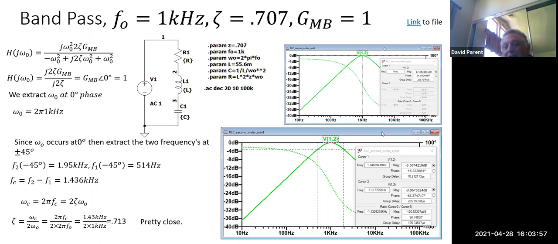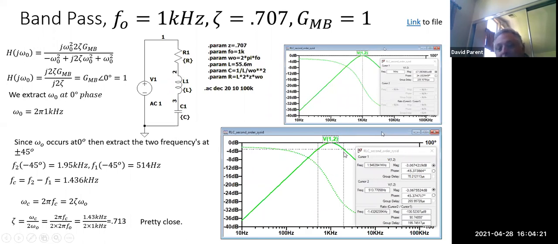So in a band pass filter, if low passes go from 0 to minus 180, and high passes go from 180 to 0, band passes go from 90 to minus 90. And again, I could take an asymptotic line here, they intersect, and it'll give me 1 kilohertz.